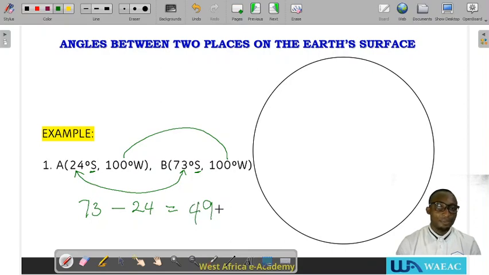So we have 49 degree. So the angular difference here is 49 degree. That is how to calculate the angular difference. If they're in the same direction, you subtract, but if they're in different direction, you add them.